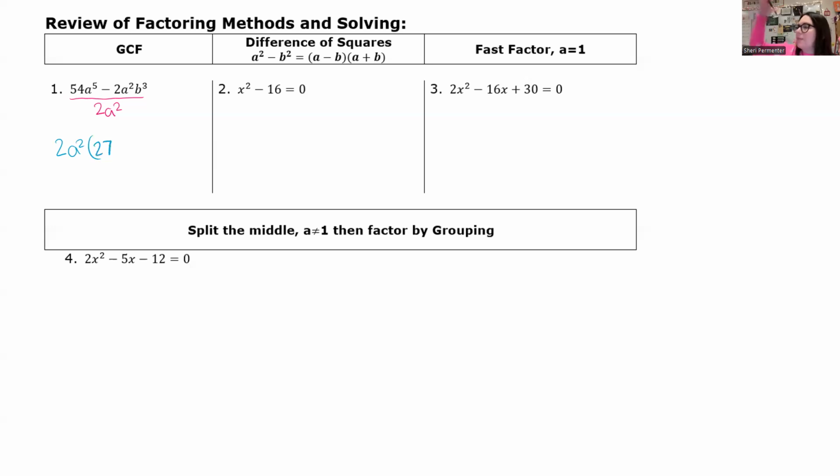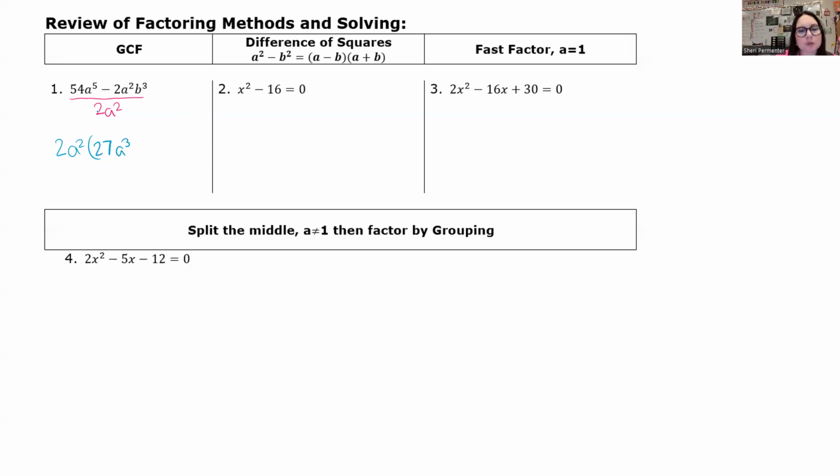Anytime you have an A on top and an A on bottom, when you're dividing, you subtract. And so I have 5 on top, 2 on bottom. So I have 5 minus 2. So I'll have A to the 3rd power.